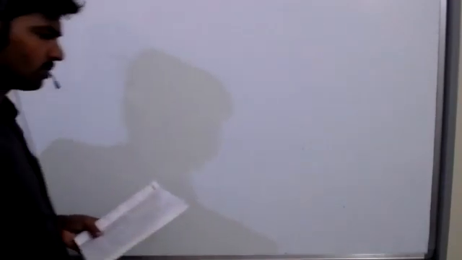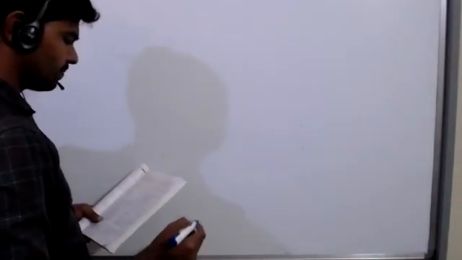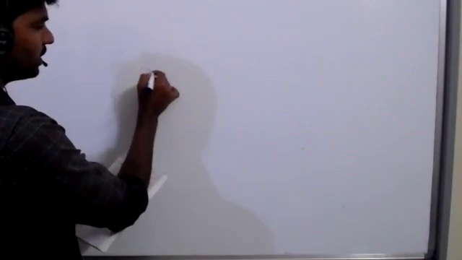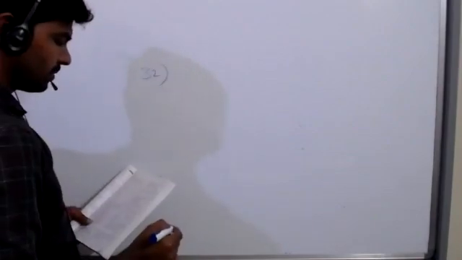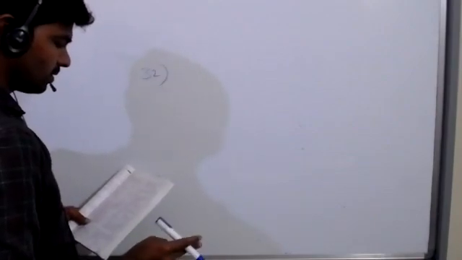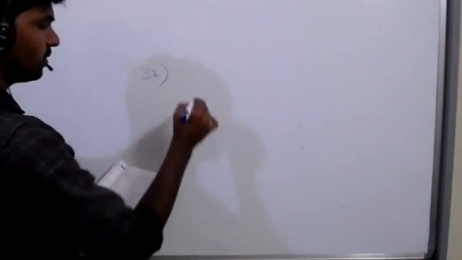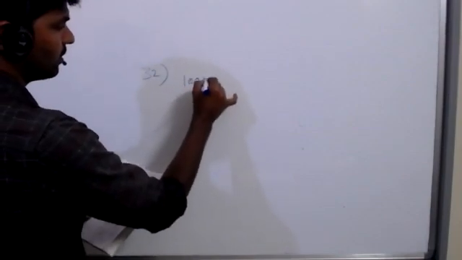Sir, instead of that, can we use 100 ml into 3 plus 400 ml into 4 divided by 100 plus 400? Why are you multiplying into 3? Sir, because pH is 3. Okay. Not with 3.